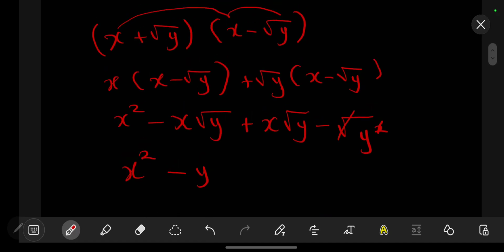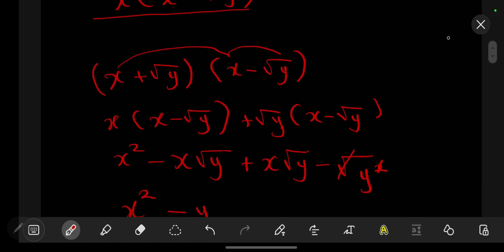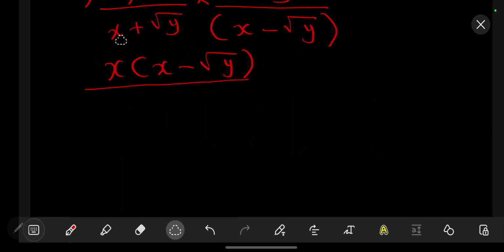So let's take away this one. When we multiply x times x, we are going to have x squared, positive times negative, we are going to have minus, then we have y, what is inside times what is inside, I think that one will be easier. So the square root of y times y gives us y squared, so this squared and this one goes.